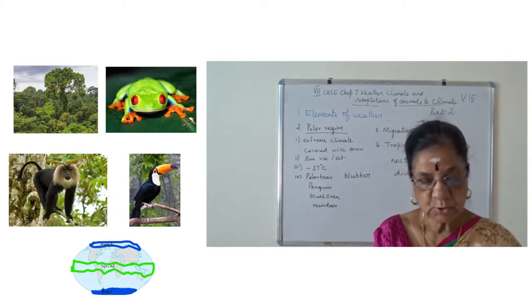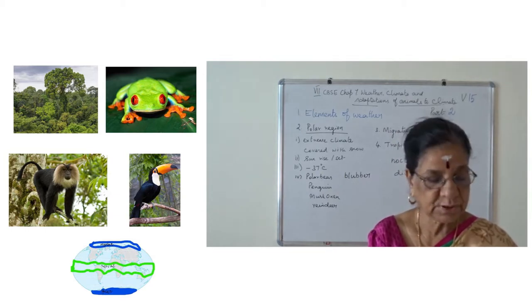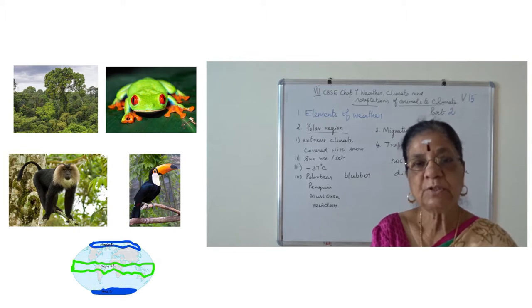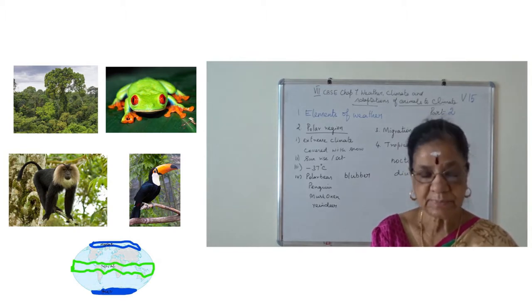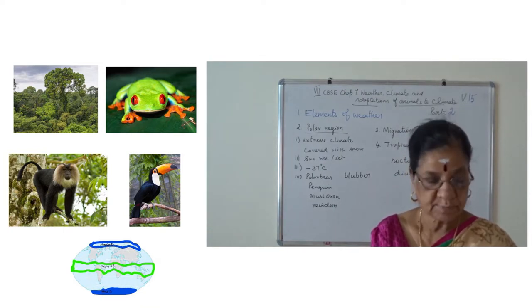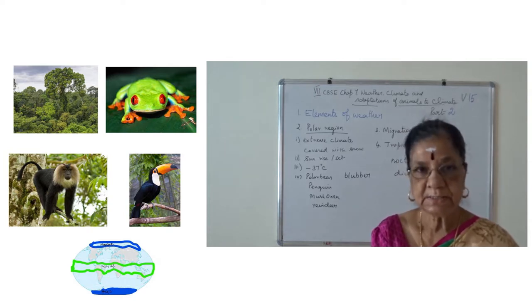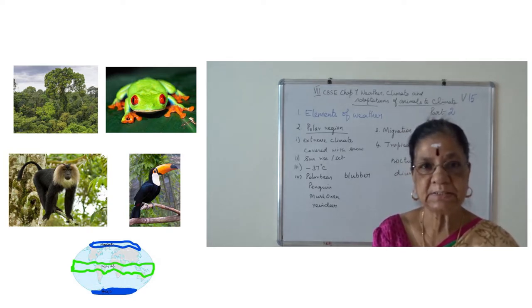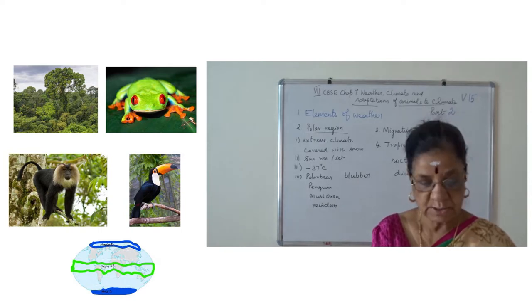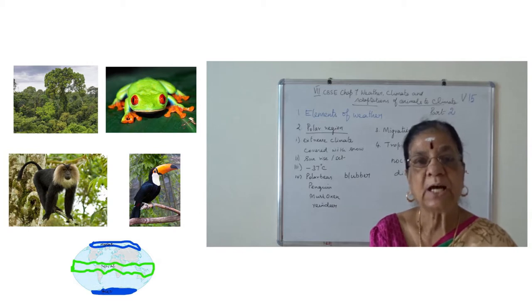For example, kangaroo rats can live without drinking water for a very long time. They get moisture from the seeds and grasses they eat.